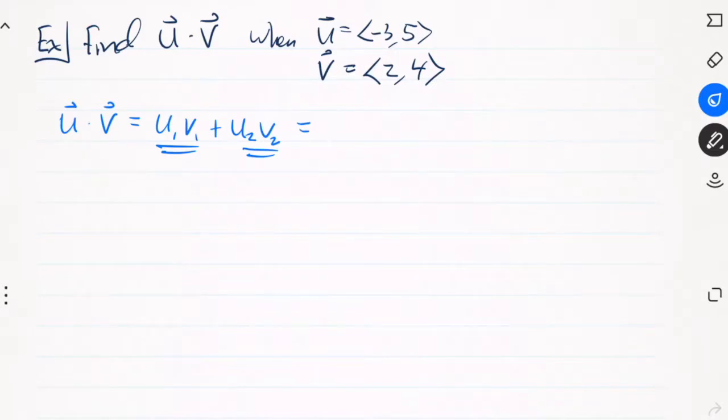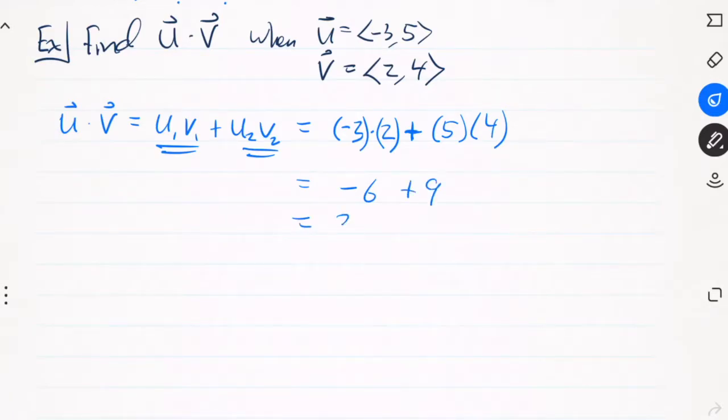So if we expand that out to what we have up here, we're going to get negative 3 times 2, that's the product of the first components, plus 5 times 4. And I should have put parentheses here. It's really best if you write it this way in case there's negatives involved. The only mistake I've ever seen here is like a sign mistake. And then this turns into negative 6 plus 9, which turns into 3.